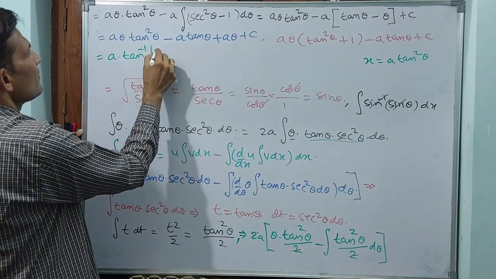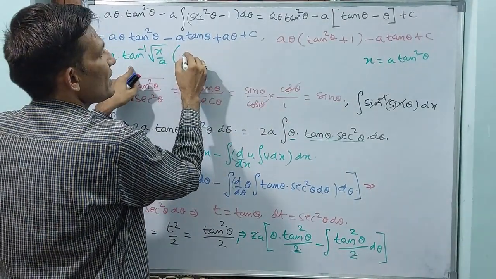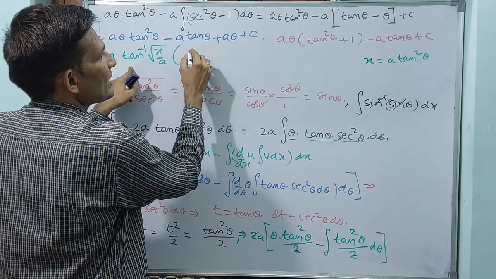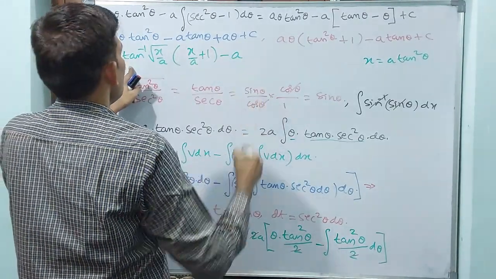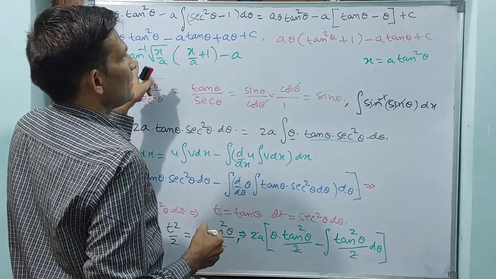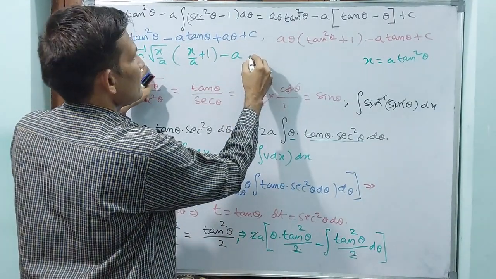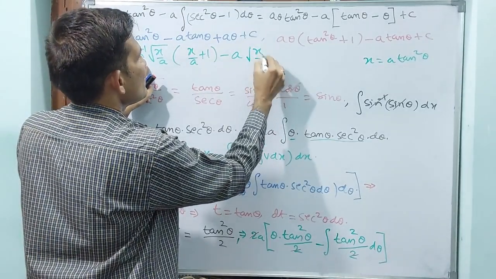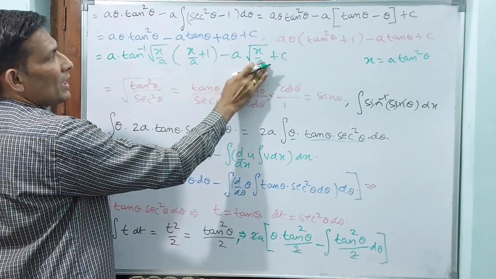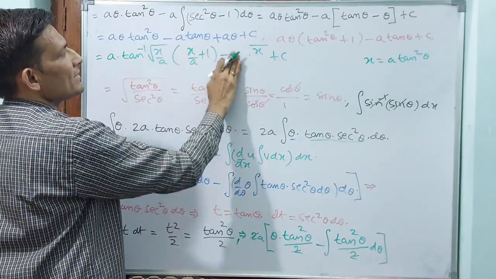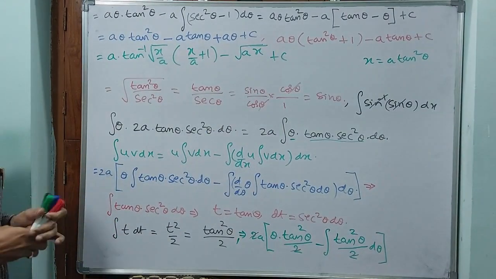Now tan inverse theta means what we have written? A times tan inverse root of x by a, times x by a plus 1, minus a tan theta, tan theta only root of x by a, plus c. Still we can simplify, because the root x will go, and you put the entire a times this as root x. This is the final answer.